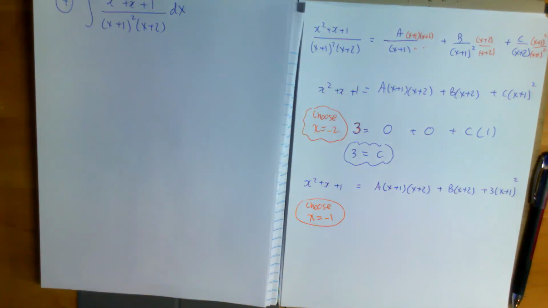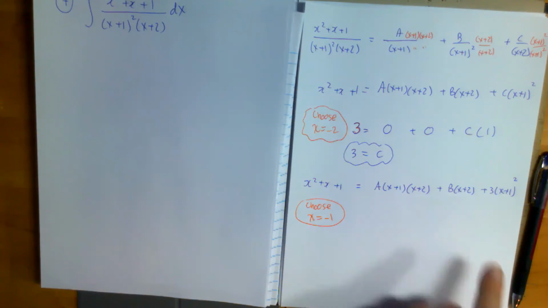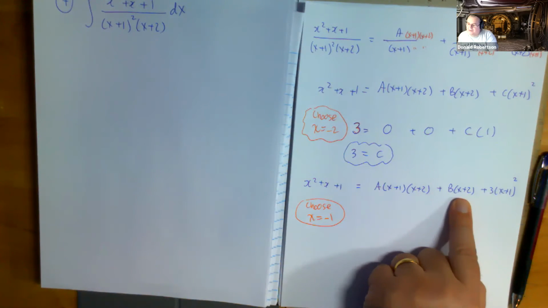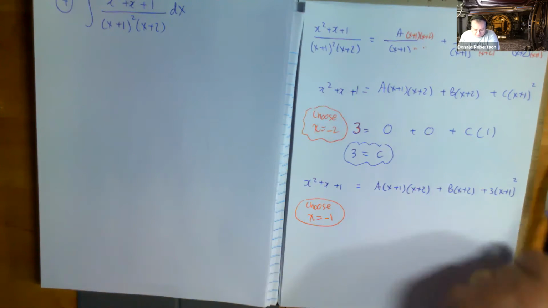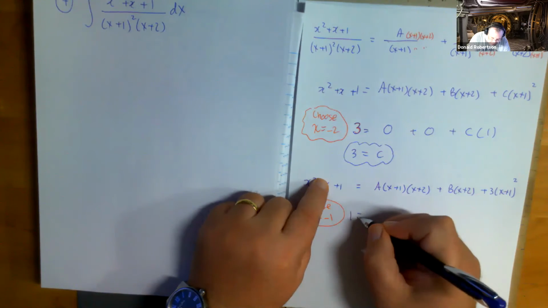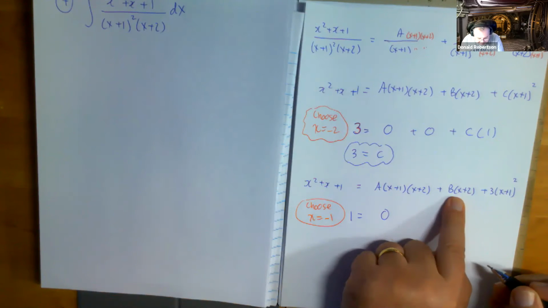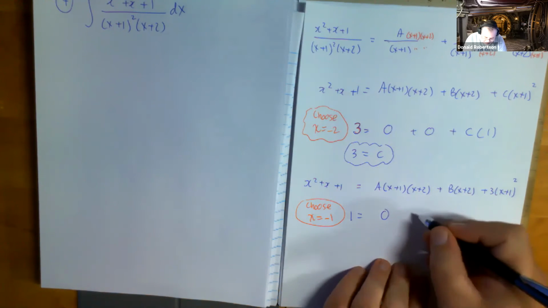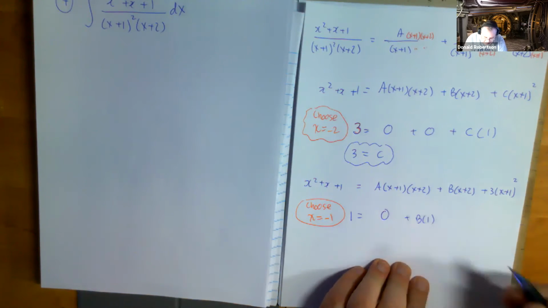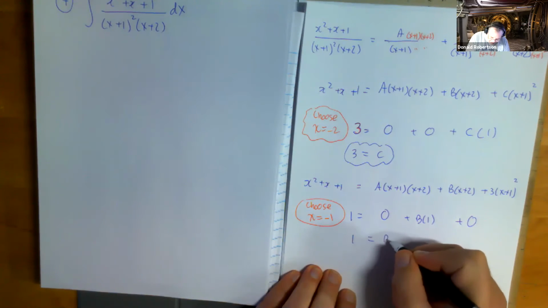Because they would cancel out the A, and then the x plus 1 on the right side, that would also turn to 0. So you're just left with a nice guy in the middle and everybody's happy. You see that? So let's take that through. -1 squared is 1, take away 1, that ends up being 1 then. A times all of this is 0. You plug in -1 here, you basically get B times 1. And if you plug it over here, you get another 0. And we have now got B.